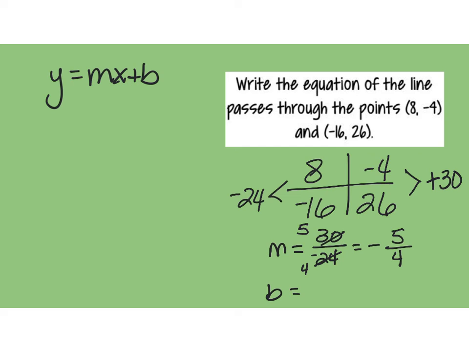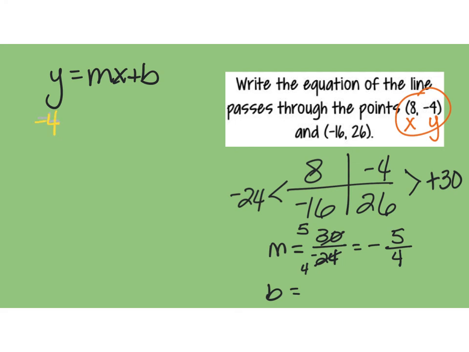Okay, now that I know my slope, I have an x and a y. I'm going to pick one point. I guess I'm going to use this one. This will be my x, this will be my y, just because the values are a little more user-friendly, it seems. So let me substitute what I know. I have negative, that color is not cute. What about yellow? Let's try that.